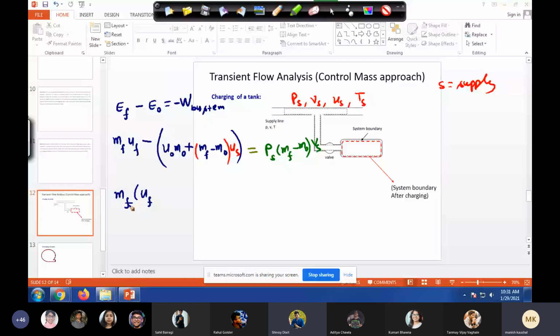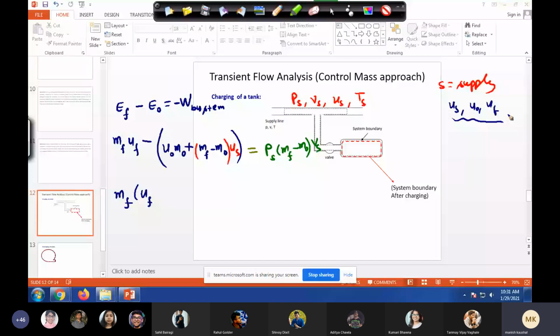No, you cannot generalize. US is the gas present in the supply line, so it can have different properties than whatever is in your tank in the beginning. So we have three quantities: US, U0, UF. These are all different. U0 cannot be equal to US in general, though that can be a special case.